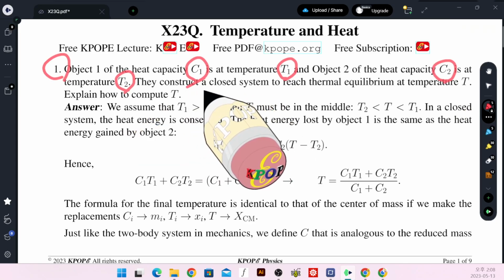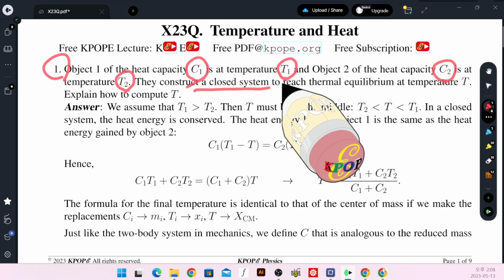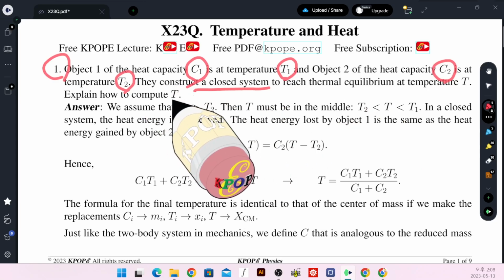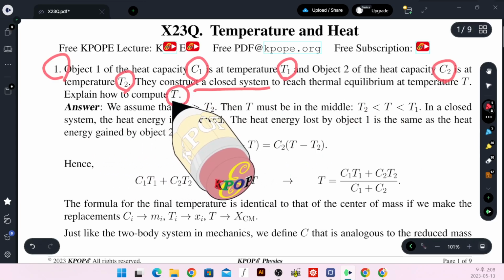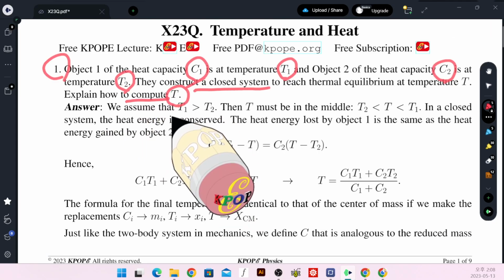We assume that the system is closed so that energy is conserved. There is no energy loss or gain against the environment. Eventually, they arrive at the final temperature in equilibrium.